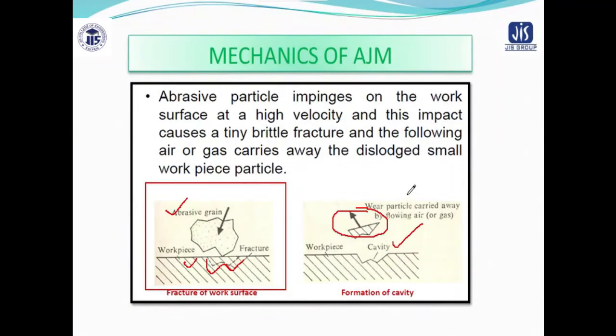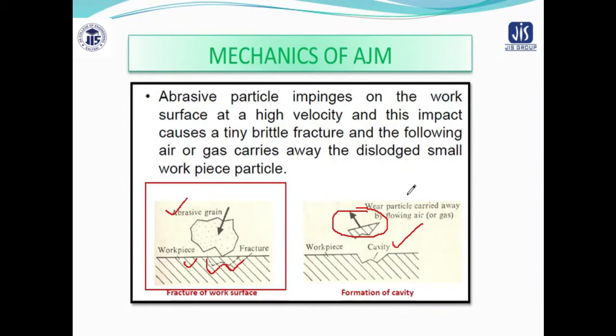So if I go through the mechanism of AJM, one thing I can state is that in abrasive jet machining, abrasive particles are made to impinge on the work material at a high velocity. The jet of abrasive particles is carried by the carrier gas or air.